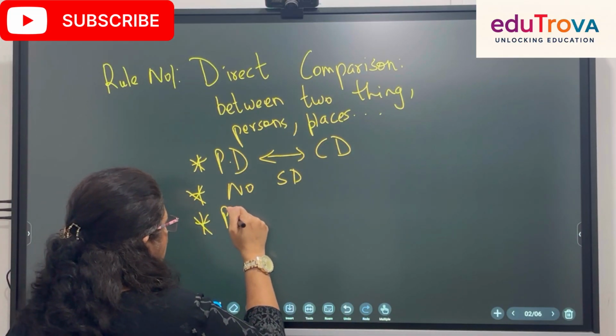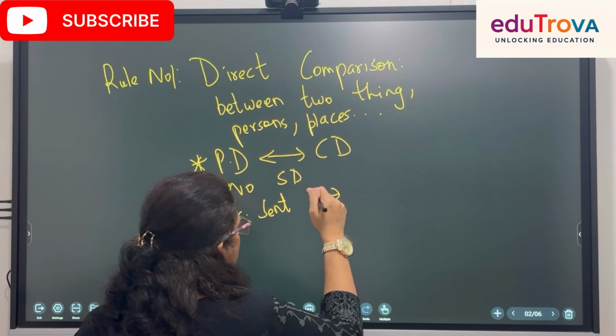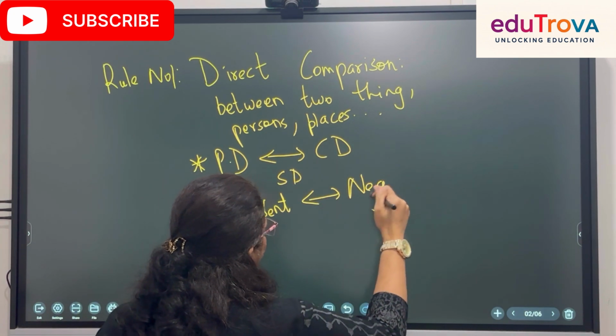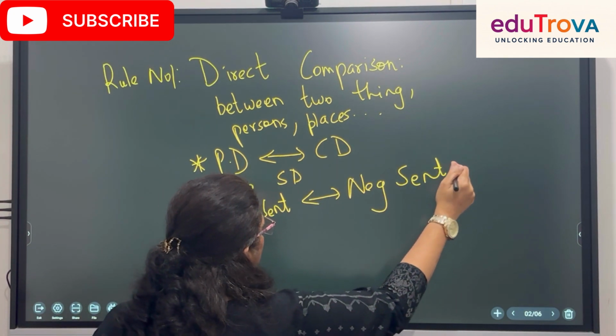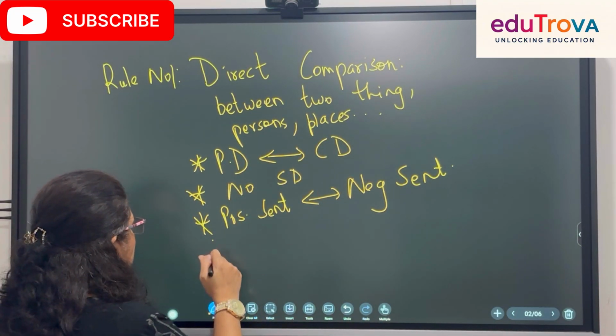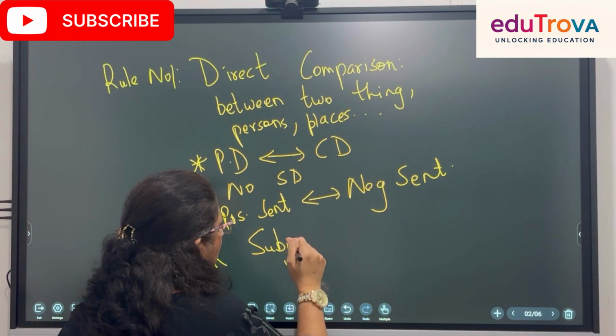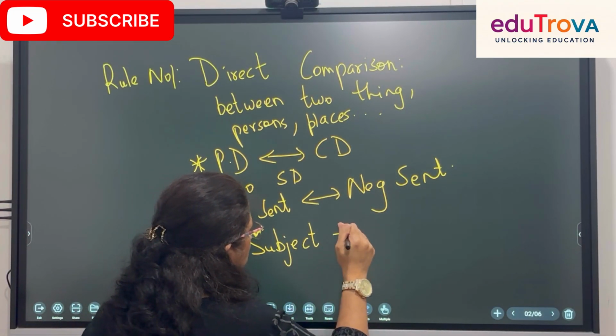My positive sentence will change to negative sentence will change to positive. Every sentence will have a subject and object. So subject will change to object and object will change to subject.